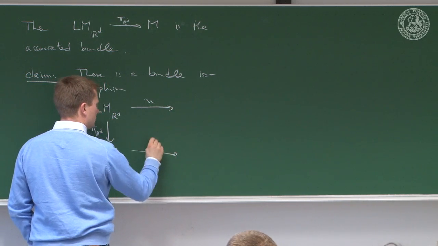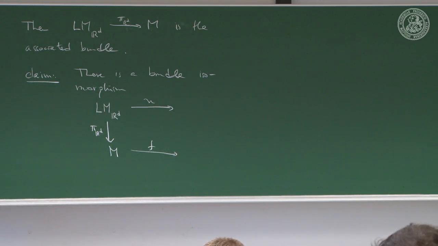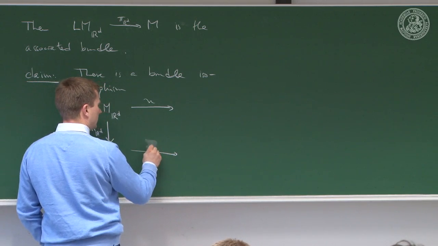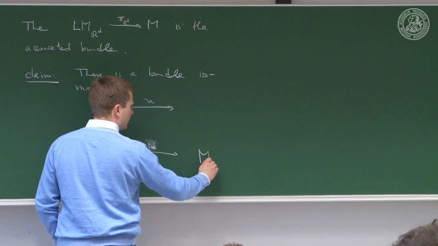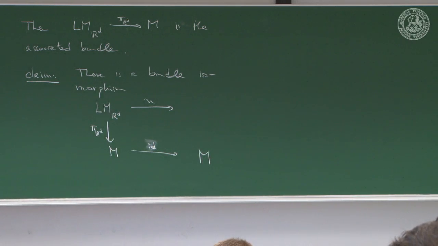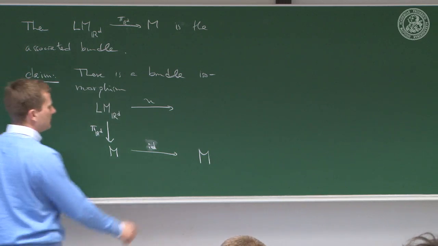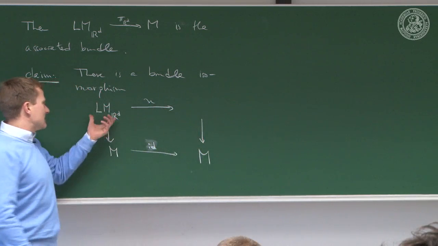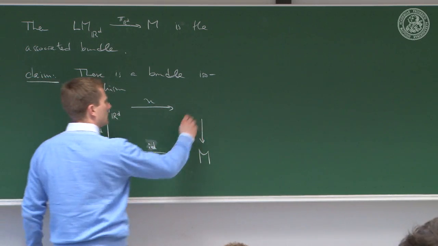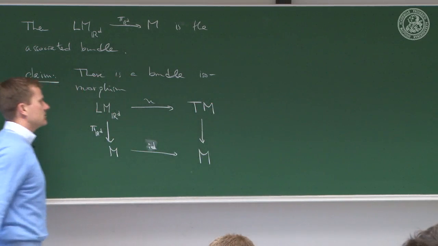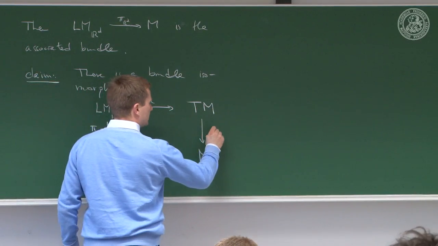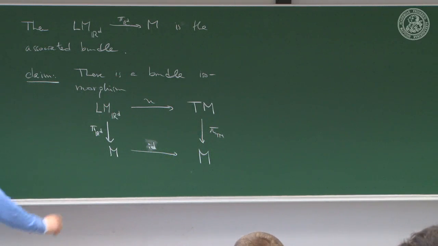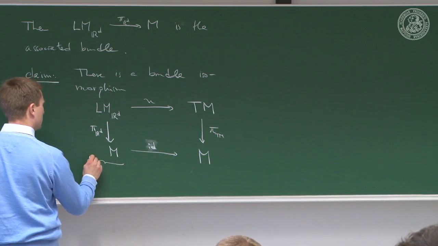You know, a bundle morphism always consists of two maps. It consists of a map between the base manifolds, but there I use the identity, so it's a very special bundle map even. A bundle isomorphism over M to the same base space that takes you from the such constructed associated bundle to the well-known tangent bundle over here, and that's the pi map of the tangent bundle. Okay, so this thing we just constructed.